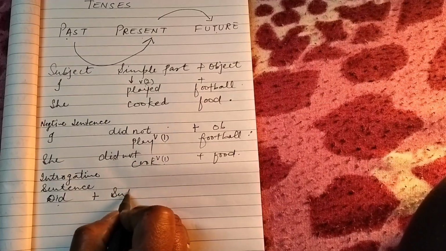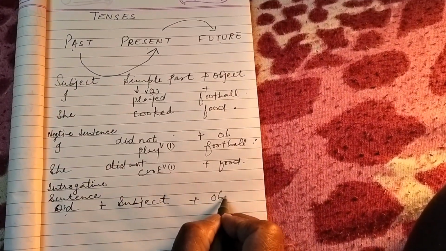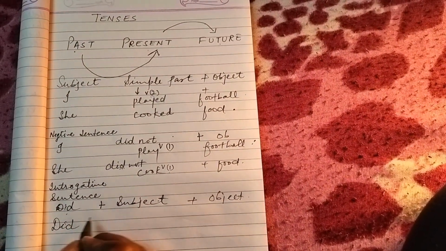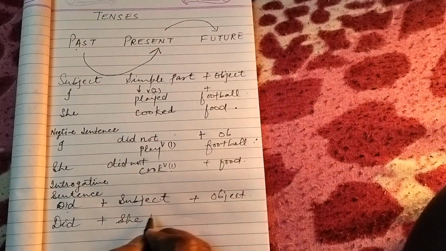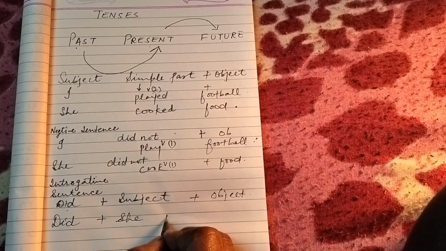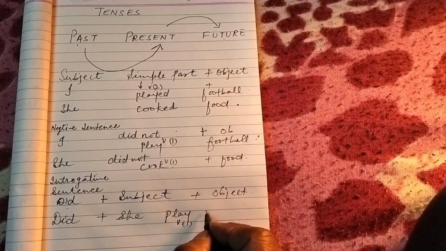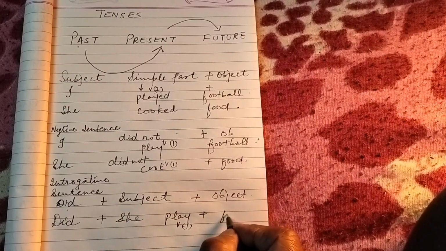Then subject, then object. Did she play, first form, verb first form, plus object. Did she play football?